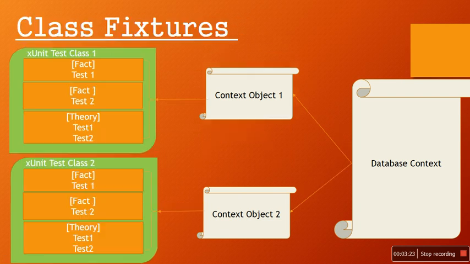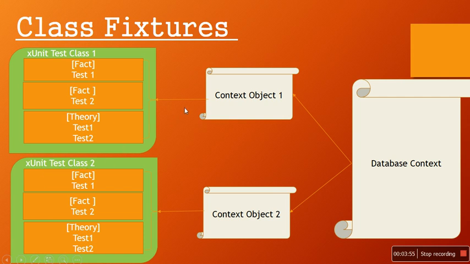So let's move toward class fixtures. In class fixtures you can share your object in a single class with the multiple test methods. You can see visually here 2 objects of the database context get created for 2 different XUnit test classes. This is XUnit test class 1 and this is XUnit test class 2.